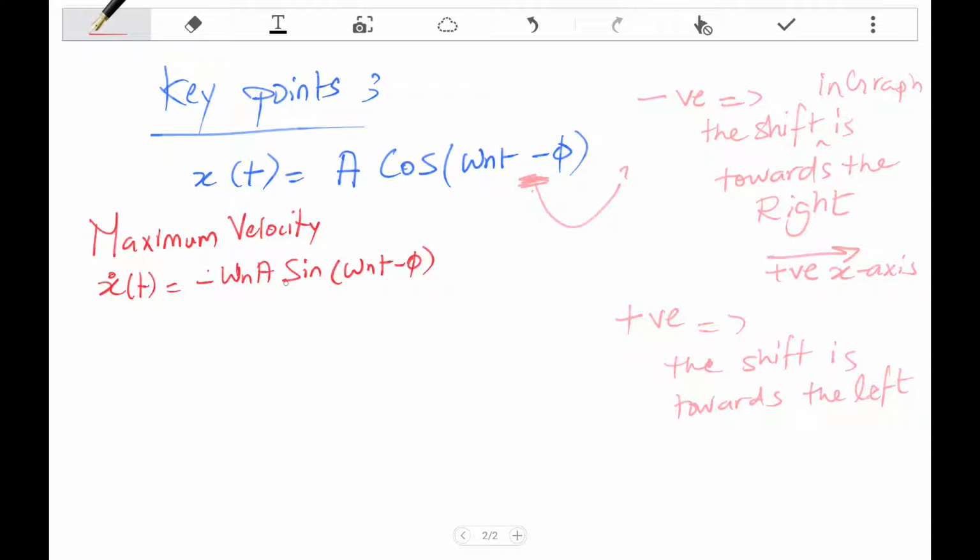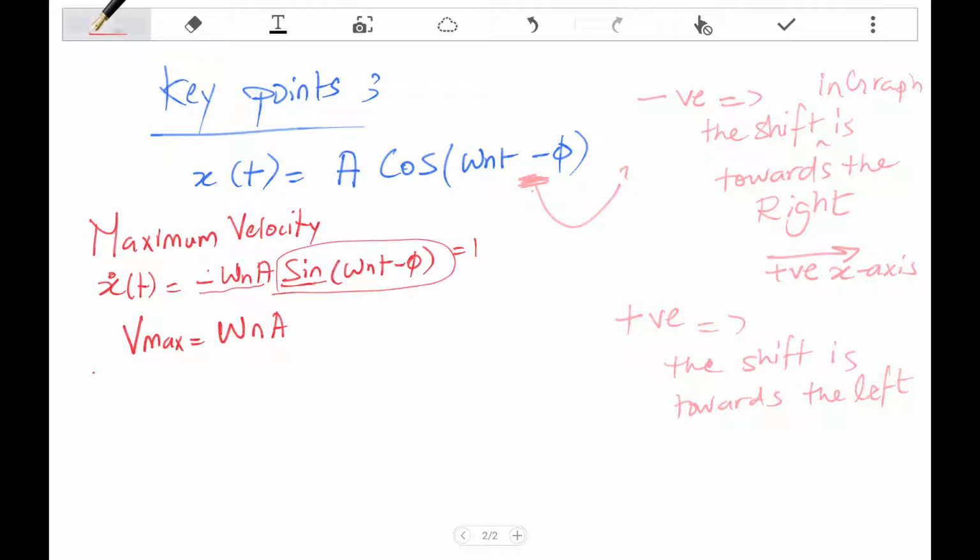So when is sine maximum? This value here should be equal to 1. That's when you have maximum velocity. So Vmax is equal to omega n A. That's this value, because it's going to be multiplied by 1, so that's it.